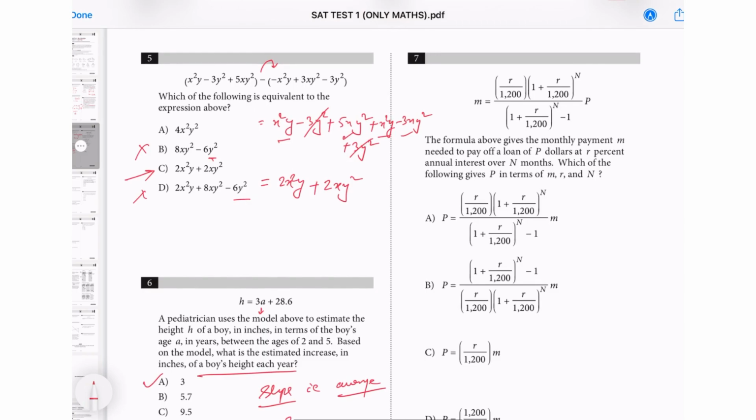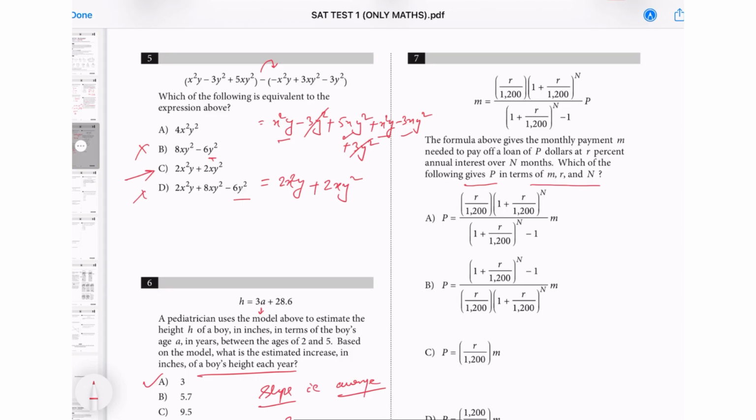Go to question number 7. This question looks big, but don't get confused by just looking at a big question. He's just asking which of the following gives P in terms of M, R and N. It simply means that you have to make P the subject. We have to take everything to the other side.